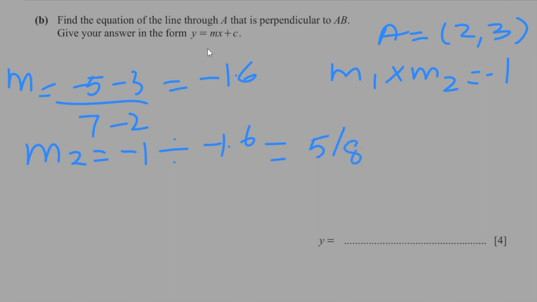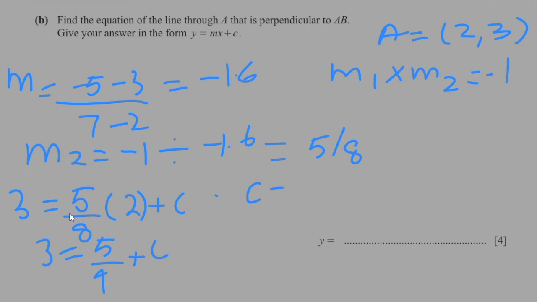Now we need to find out c over here. I'll substitute the values of A, which is a point on the second line, in this equation. So y is equal to m, which we have calculated just now, into x, which is 2, plus c. So 5 by 8 multiplied by 2 is equal to 3, that is 5 by 4 plus c.